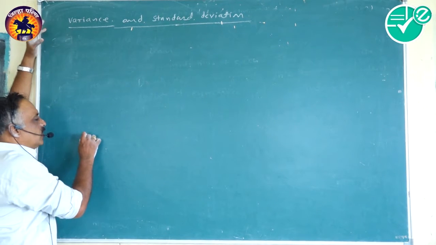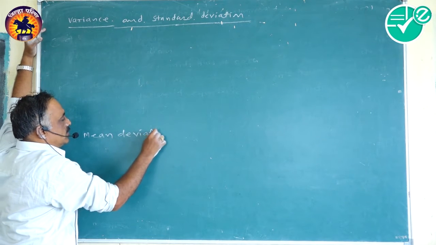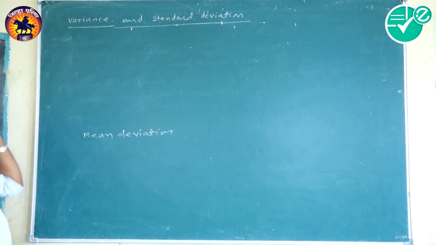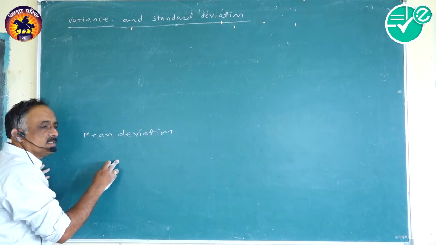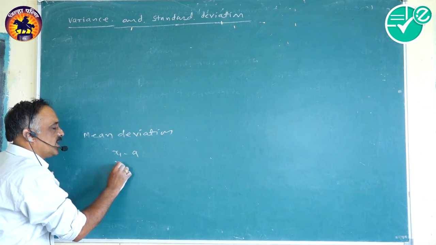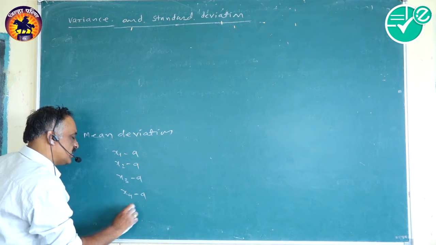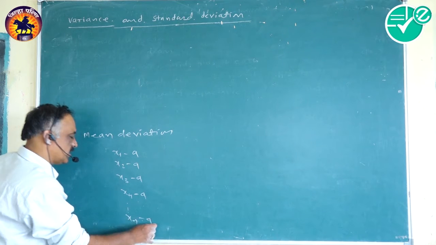Previously we studied mean deviations. Very first we find the deviations. How do we get the deviations? That is x1 minus a, x2 minus a, x3 minus a, x4 minus a, dot dot up to xn minus a.